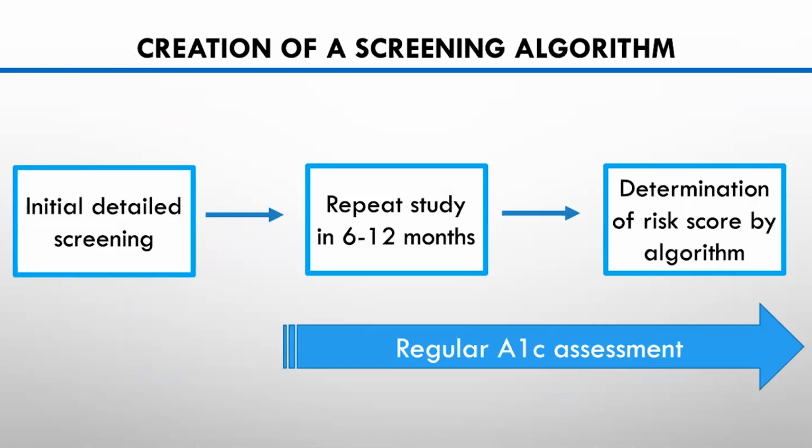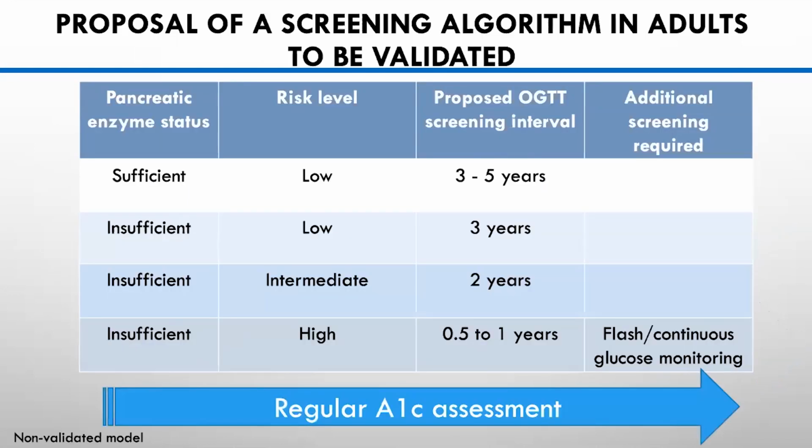So here is the idea we are coming from. This is not validated, but maybe at least in adults, we could have initial detailed screening, then we could repeat this and have A1C on a regular basis, and then come to an algorithm whose main goal would be to reduce the number of required OGTT in adult patients. And you could have patients that could be at low risk.